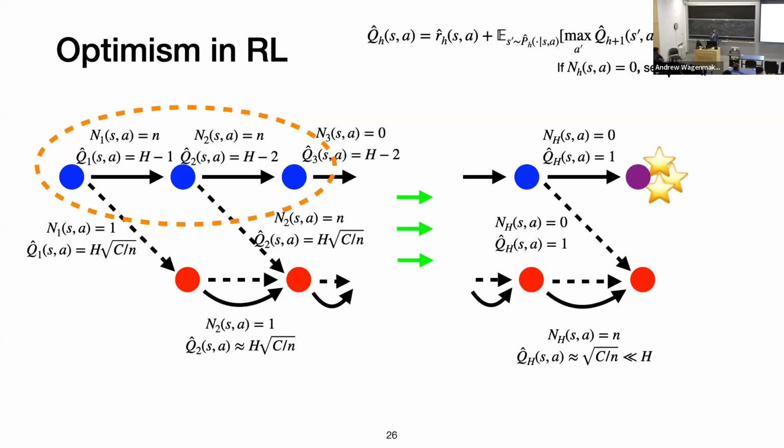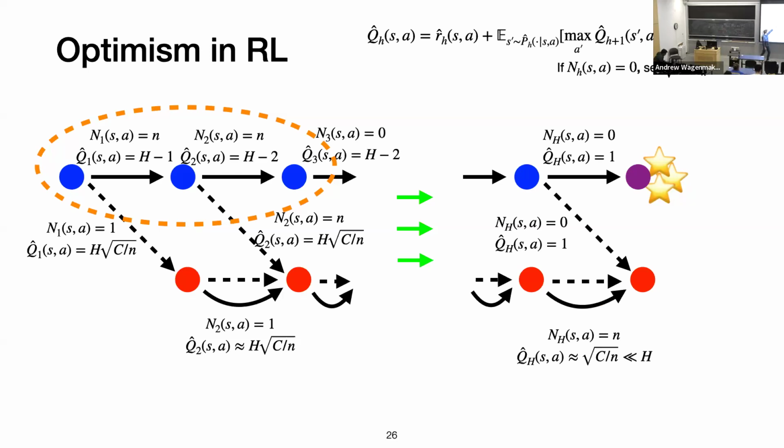Any other questions on this? So I think the basic idea is that if you run optimistic Q learning or strategies like that, your uncertainty propagates back through the MDP just by doing this optimistic Bellman equation. I will figure out at the first state that I want to take this action because I maybe have uncertainty at this transition.